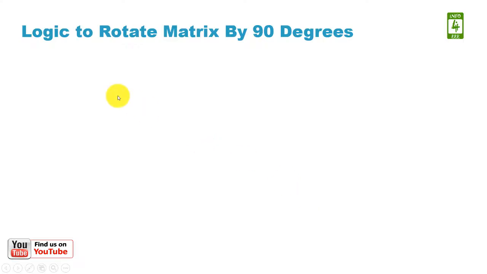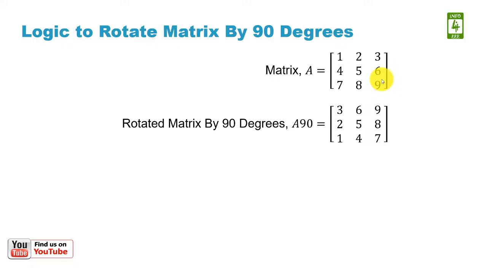First of all, we will discuss the logic to rotate matrix by 90 degrees. Suppose we have a matrix A having elements 1, 2, 3, 4, 5, 6 and 7, 8, 9, and this is a matrix of 3 by 3 order, and we want to obtain a rotated matrix by 90 degrees, that is A90, having elements 3, 6, 9, 2, 5, 8 and 1, 4, 7.